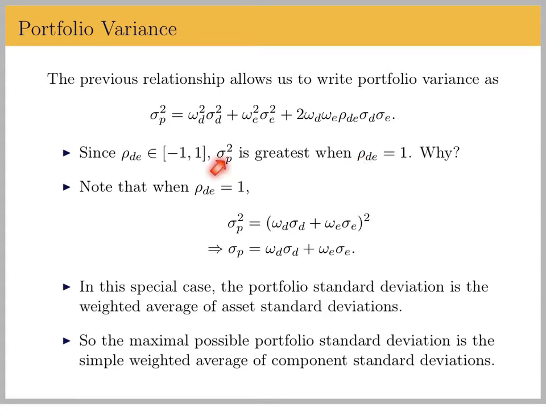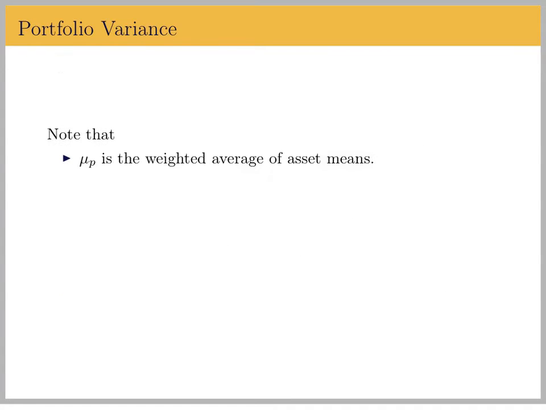Any other rho less than 1 is going to cause sigma p to be smaller, which means it will be smaller than this weighted average. And hence, the weighted average is an upper bound for the portfolio volatility. The portfolio volatility will never be greater than that and will most likely be smaller than that.